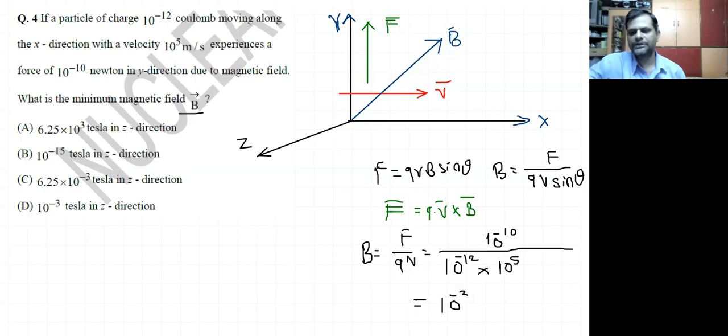So here it is going to be 10⁻³ Tesla, and that is also in the negative z direction. So you can say 10⁻³ Tesla in the negative z direction.